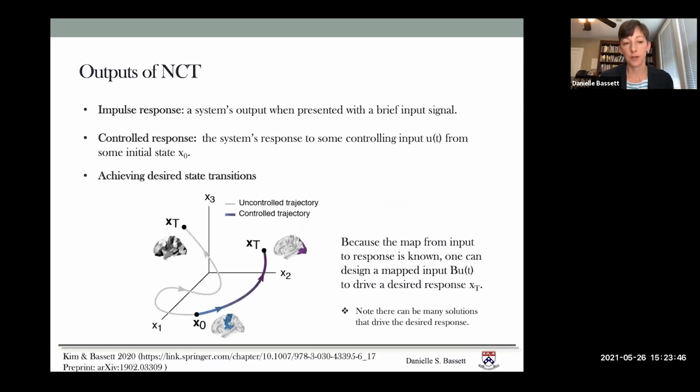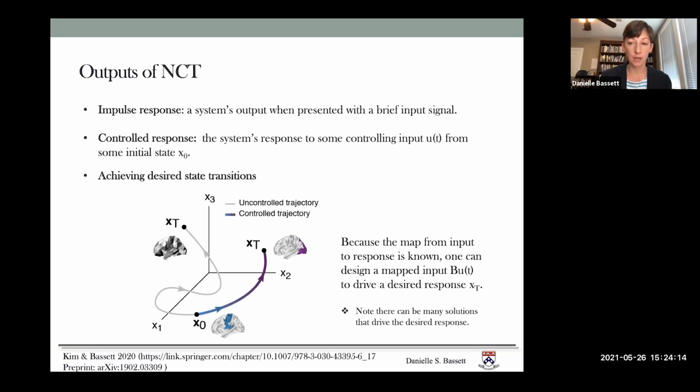That leads us to the third output of network control theory, which is achieving desired state transitions. From the controlled response, which we just described, we know that we can map the input to the response. That map is known or defined, and one can therefore design a mapped input, BU, to drive a desired response, XT, capital T, where that means sort of final target.